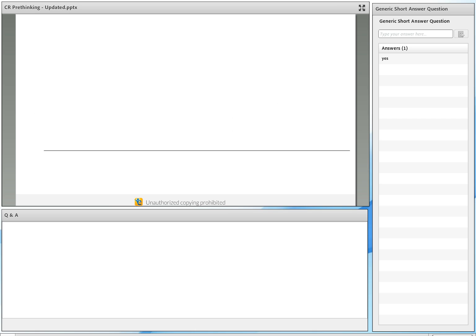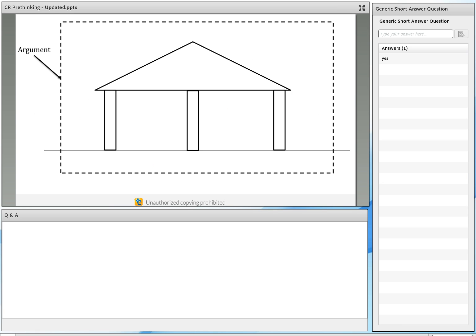Let's visualize what this means. Think of the argument as this house with the conclusion as this roof. How many pillars do you see over here supporting? The 3 pillars, and you can type your answers in the short answer pod. Each of these 3 pillars is supporting the roof, which is my conclusion. Think of these 3 pillars as premises. A premise is something that makes the conclusion more believable.